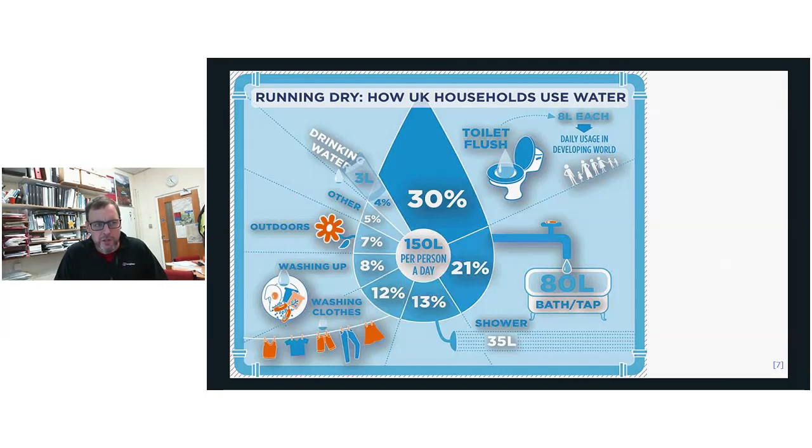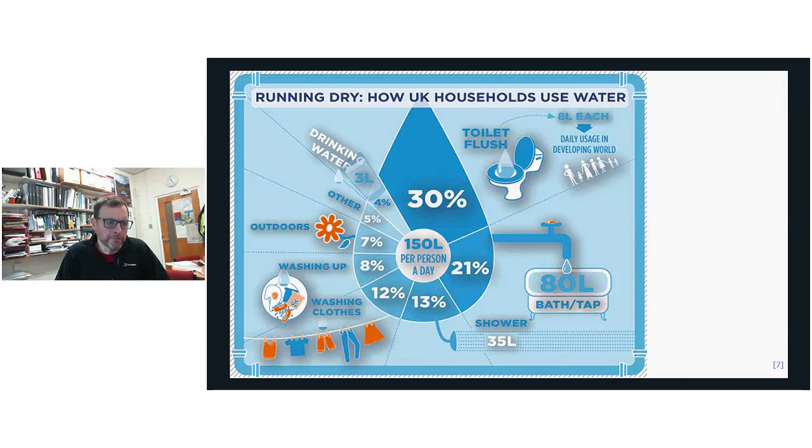So obviously your WC has both the liquid and solid waste, let's be polite about it. Your bath and shower is obviously less polluted with that kind of waste, but there's detergents in it. Likewise your washing machine and your dishes, etc. as well. So they are polluted, but just in a different way.